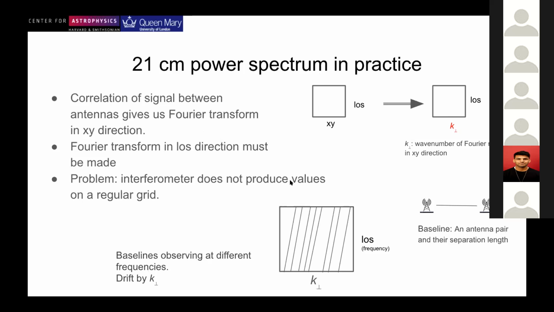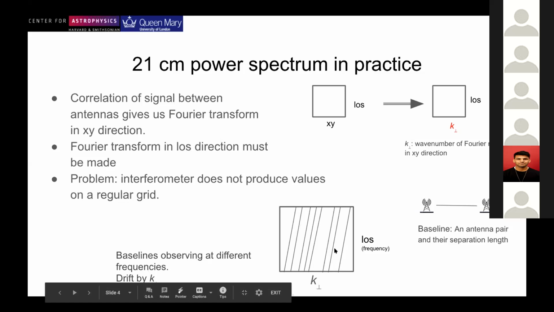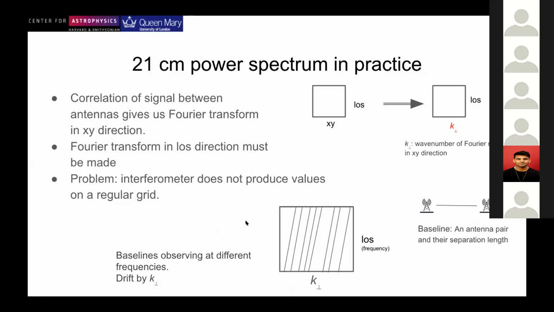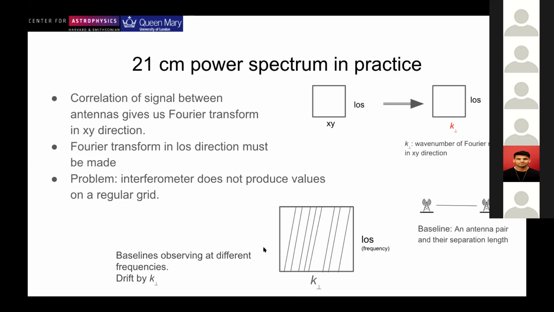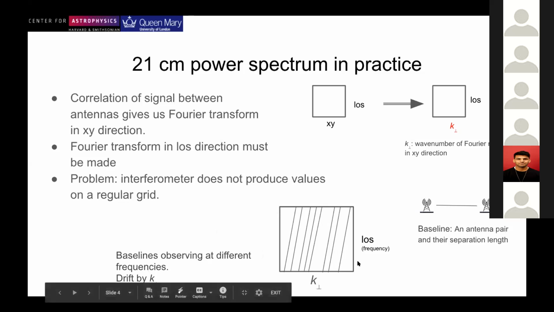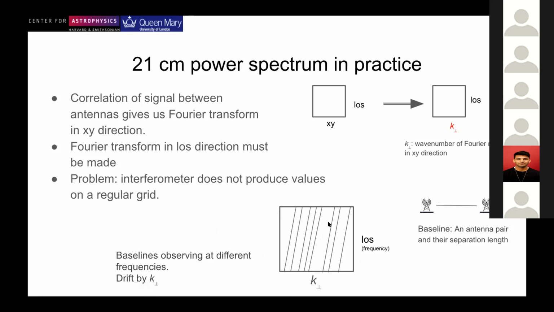That is because we are observing using baselines, i.e. the antenna pairs and the separation between them. So in that box, we get values on these lines that come from the baselines observing at different frequencies, and they drift by K-perp. To do a standard 2D Fourier transform, you would transform in one direction and then the other, but we can't strictly do the transform in the line of sight direction.